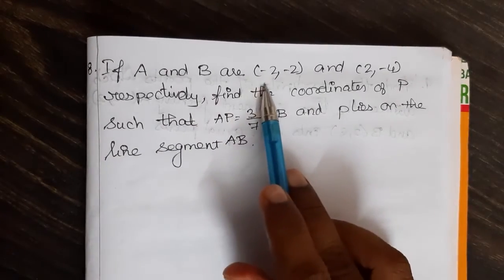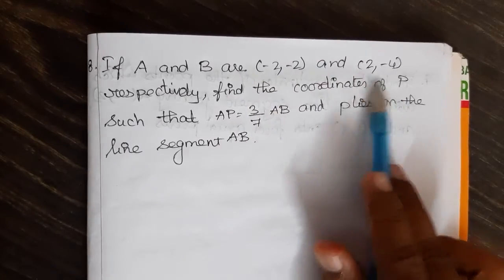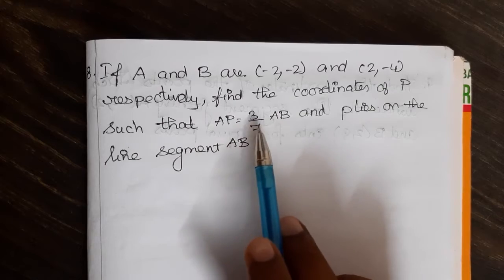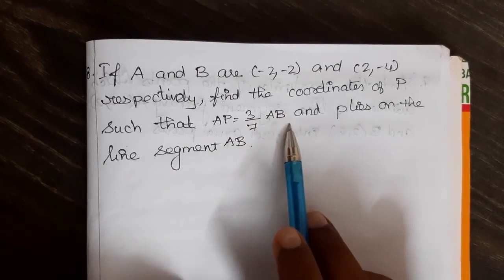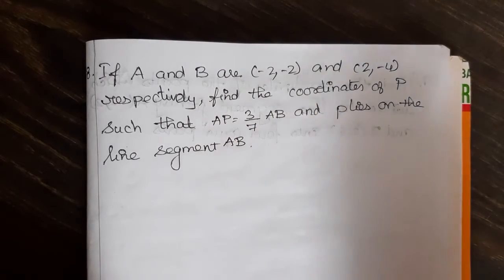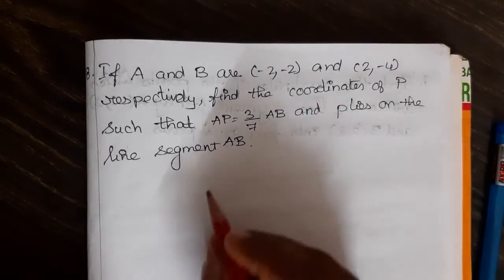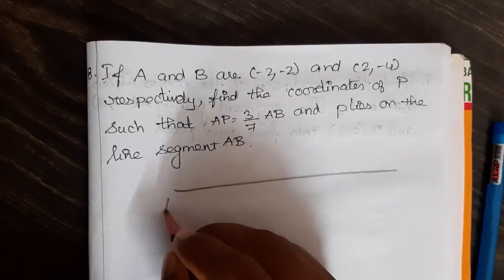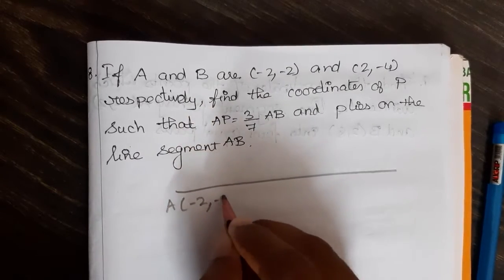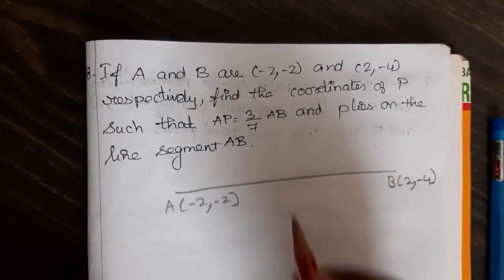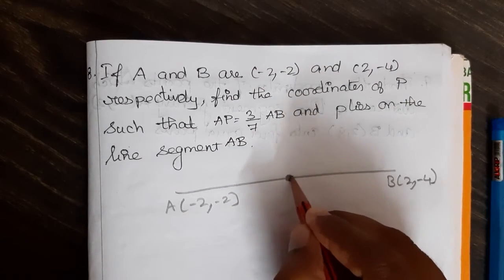If A and B are (-2, -2) and (2, -4) respectively, find the coordinates of P such that AP is equal to 3/7 AB and P lies on the line segment AB. So it is given that there is a line segment, and A is (-2, -2) and B is (2, -4), and somewhere between them the point P is there.